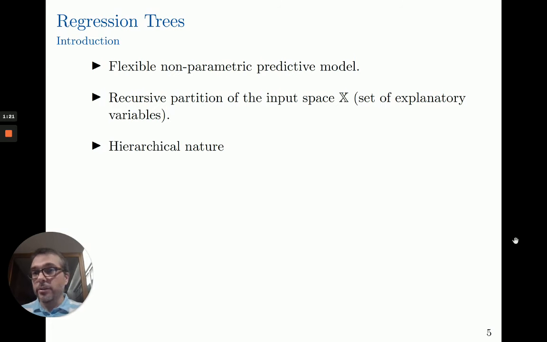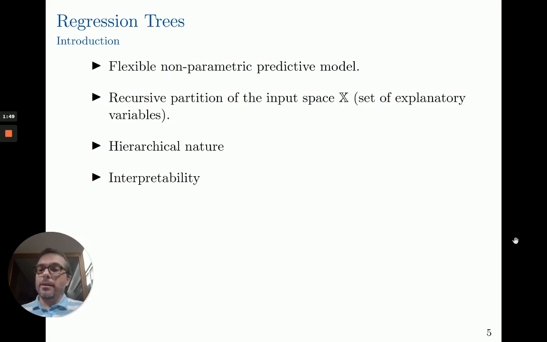And it's a model that has a hierarchical nature. So we are going to make sequential splits in this input space, and the later splits will depend on the previous ones. Okay? And a single regression tree has this nice advantage of being interpretable.